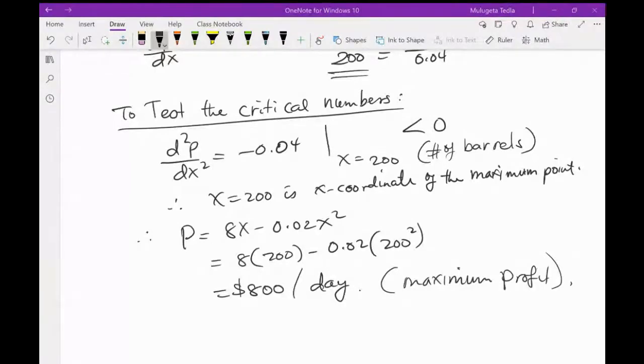Does it make sense, everybody? What I did on that question? Hopefully, yes. If you have any question, you can always ask me. You can interrupt. How many barrels does it make for $800 a day? 200.